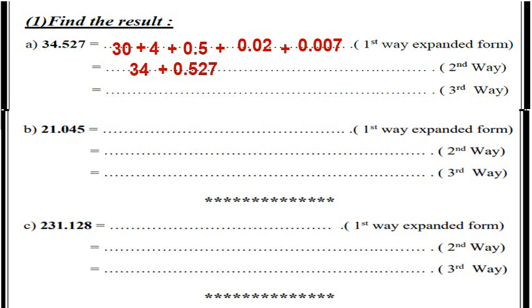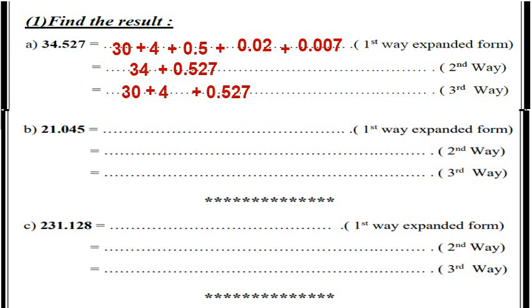And now the third way, we can decompose the whole or we can decompose the decimal, but it's easier to decompose the whole. 34 means 30 plus 4, and leave the decimal as it is, plus 0.527.